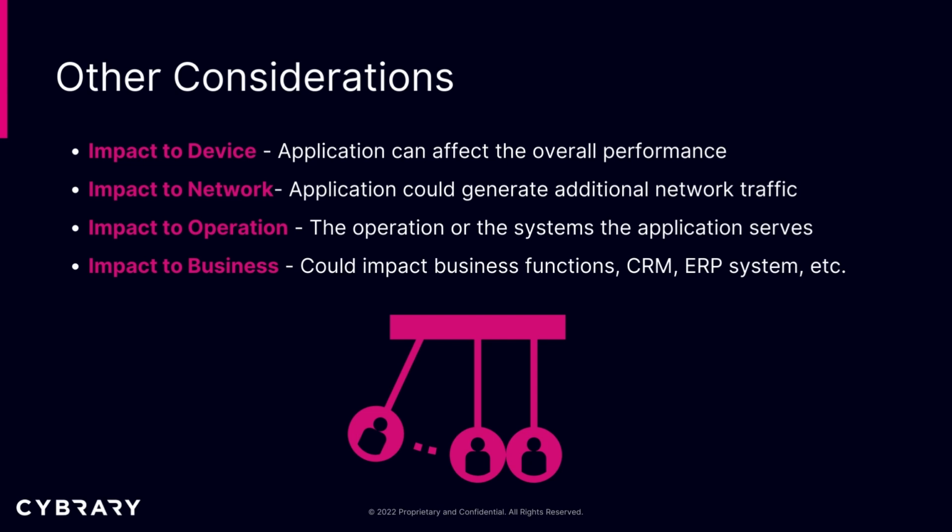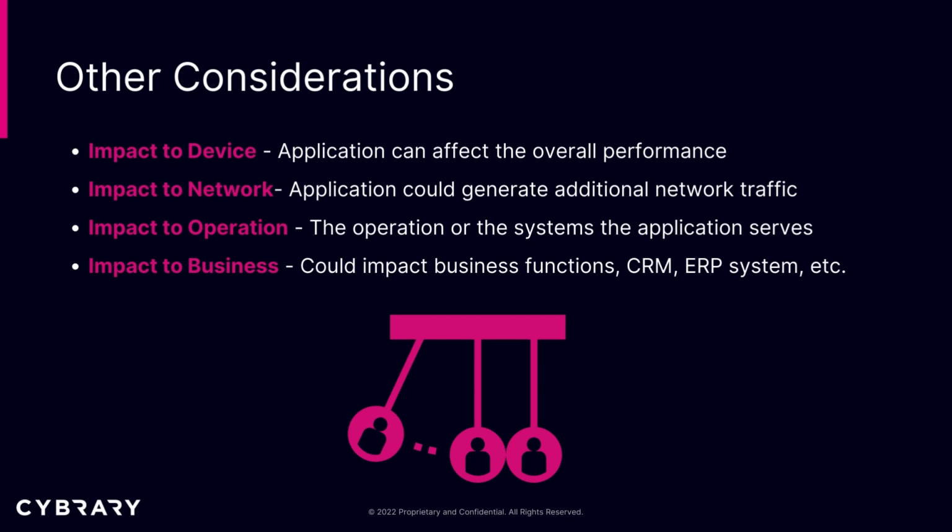Other considerations are the impact to the device. The application can affect the overall performance of the system. Again, you want to make sure that you're meeting or exceeding the system requirements. Impact to the network is something else that you need to take into consideration. An application could generate additional network traffic. If this was a video system for cameras, pulling the additional traffic of the video feeds from the cameras across the network could put a higher performance hit on your network.